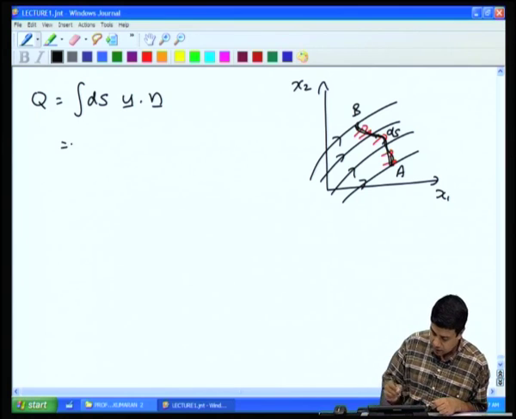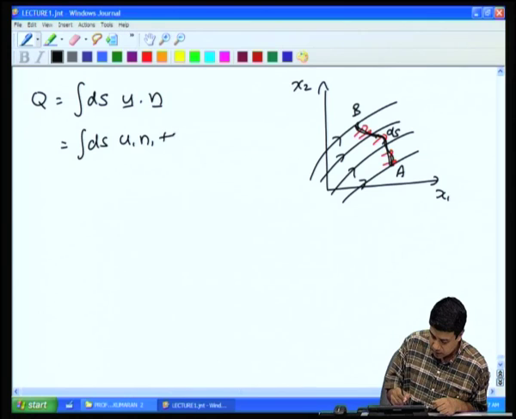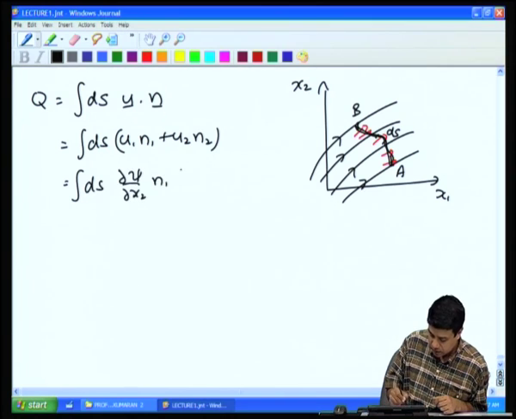I can write this in the 2 directions as the integral ds of u1 n1 plus u2 n2, where u1 is partial psi by partial x2 and n1, plus minus the other term.